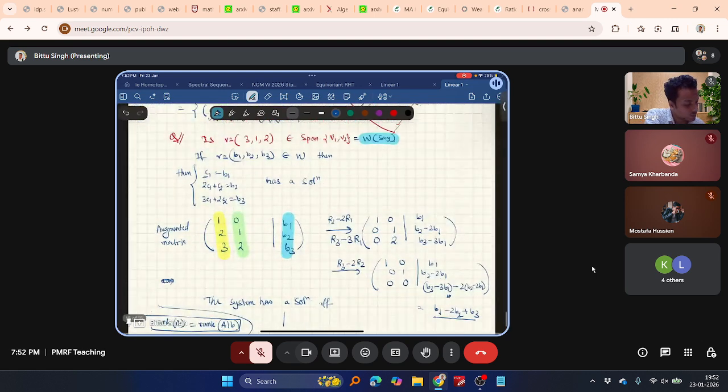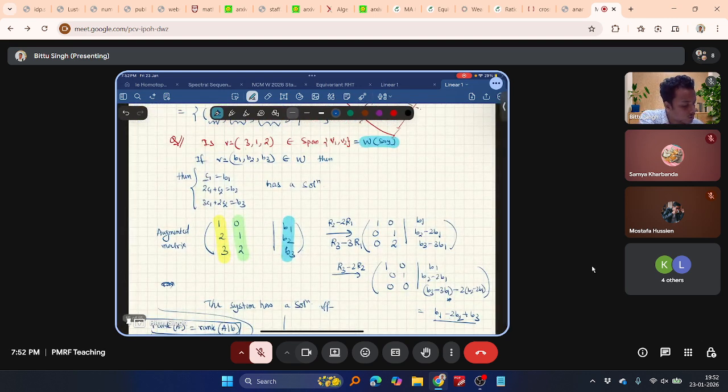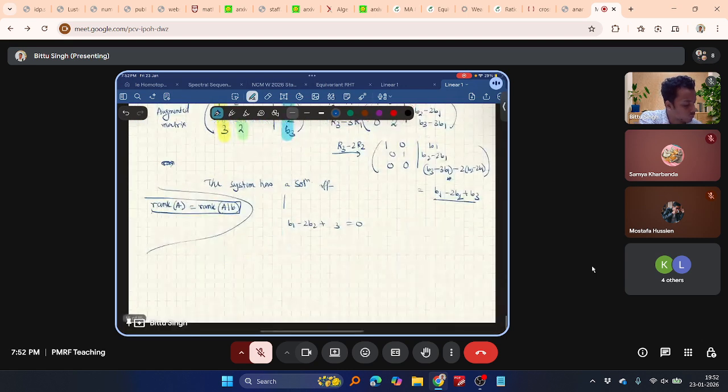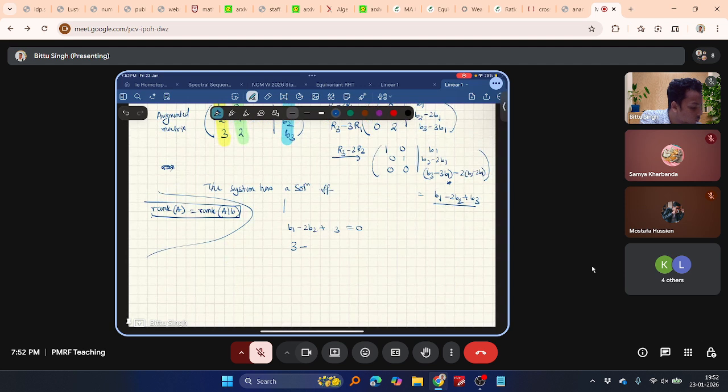So in our case, what was the vector? 3 1 2. So 3 minus 2 times 1 plus 3. So this is non-zero, right? So in our case, we are getting this equal to 4, which is non-zero.